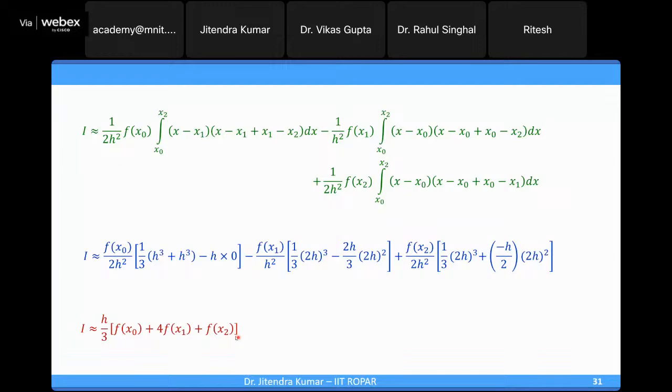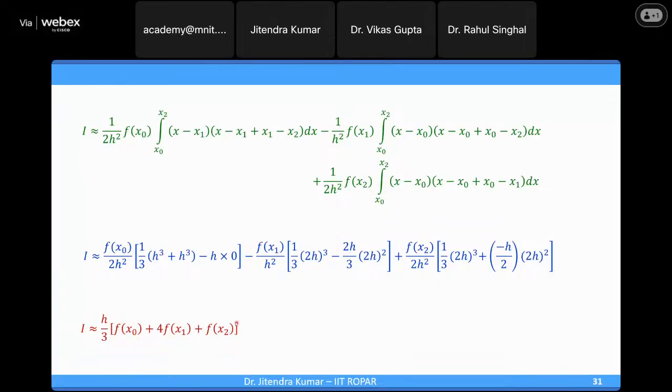We were integrating from x0 to x2, so the function has to be evaluated at the first point, at the end point, and 4 times in between. We call this a single application because we are just integrating x0 to x2. And this is called Simpson's 1/3 rule.